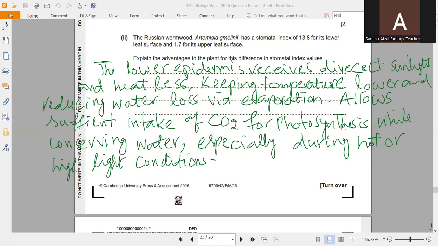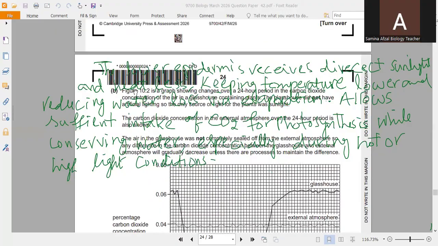So it was the A part. Now we are moving to part B.